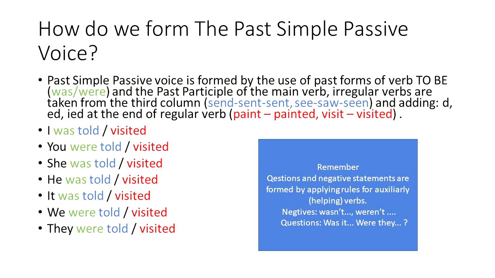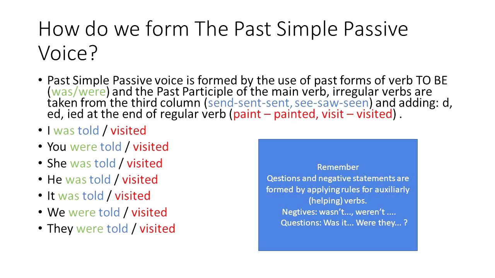In this case, we talk about irregular verbs which are taken from the third column. For example, send, sent, sent, see, saw, seen, and adding d, ed, ied at the end of the regular verb. Paint, painted, visit, visited, and we already know that the past participle form of the regular verb is actually the same as the past simple form of the same verb.